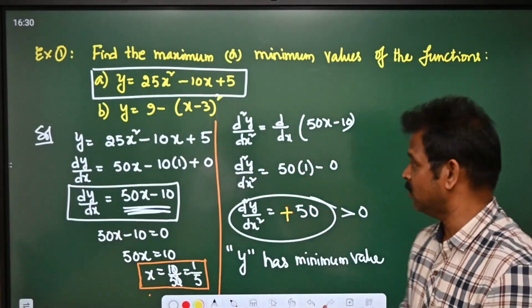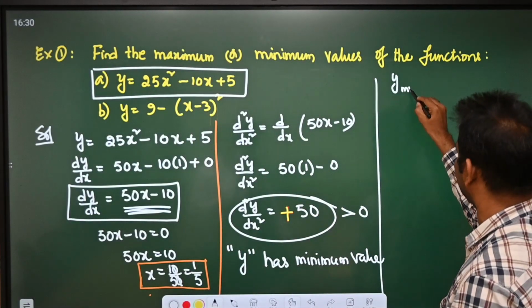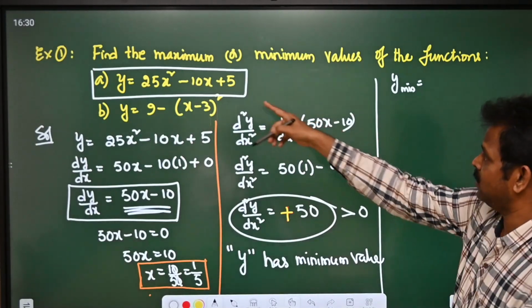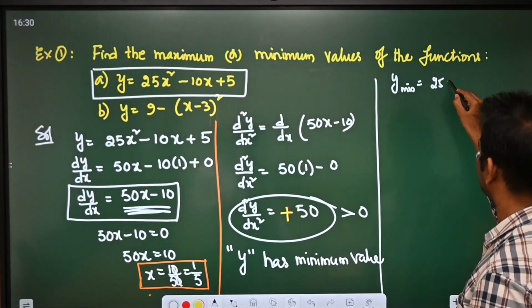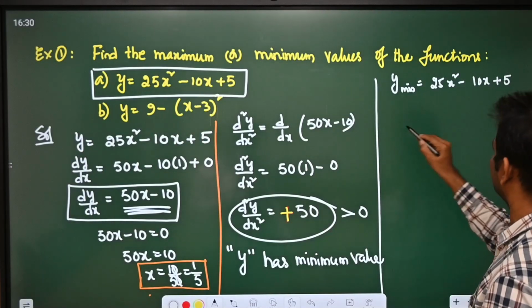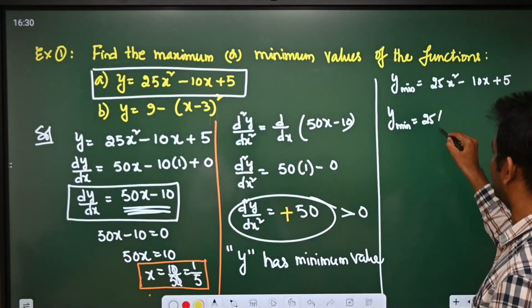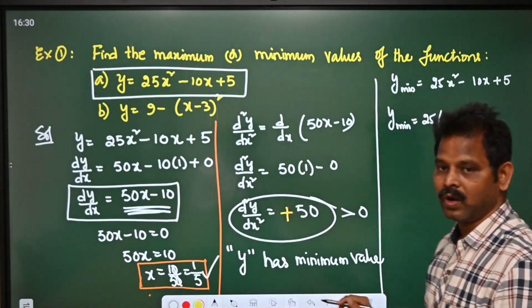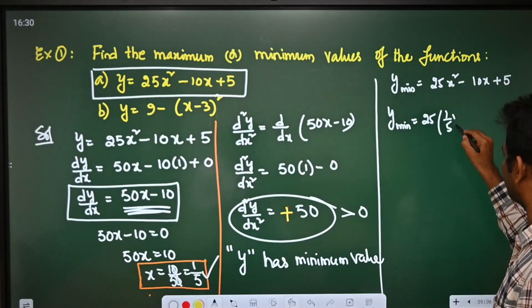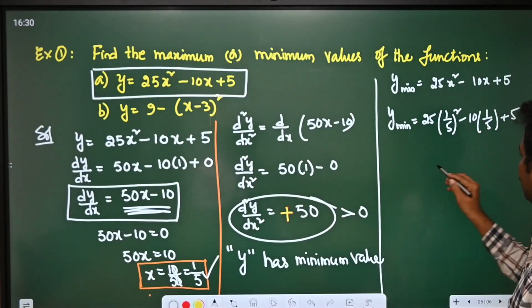So what is that minimum value? To find out that minimum value, we are finding y minimum. Y is 25x square minus 10x plus 5. What is the x value? 1 by 5. So we are writing 25 into 1 by 5 whole square minus 10 into 1 by 5 plus 5.